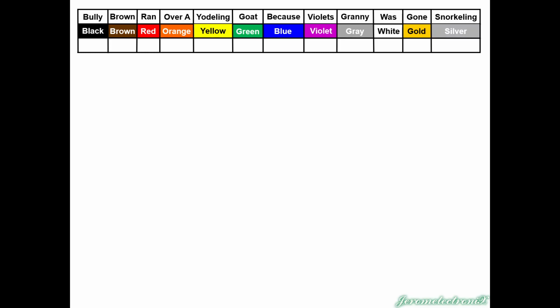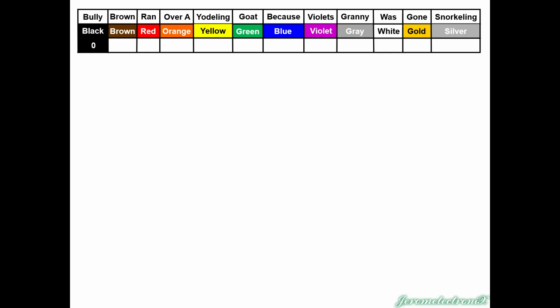Now, these colors all have a number associated with them. And the number associated with each one of these colors, well, it's pretty simple. They just go in order. Just make sure the color black represents the number 0. Start with 0, not 1. We do that a lot in this course.